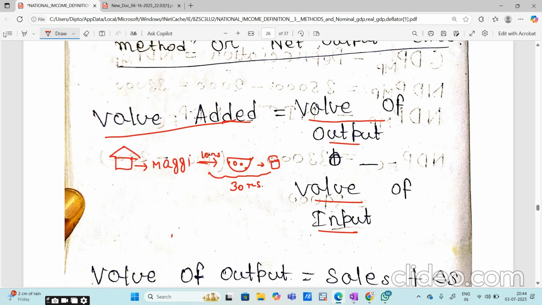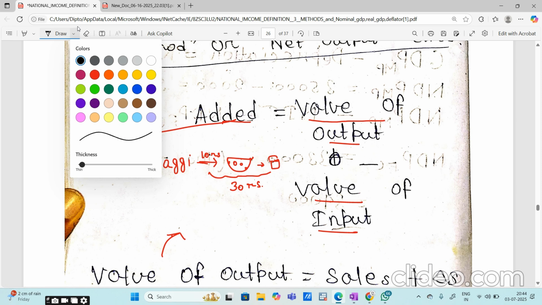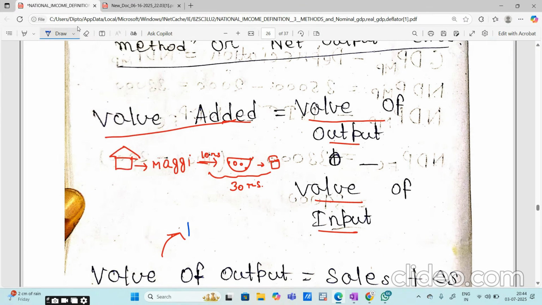Now when someone comes and asks, brother, give me a plate of Maggie, I will serve that person a plate of Maggie, and I say to him, give me 50 rupees. The charge of one plate of Maggie is 50 rupees.